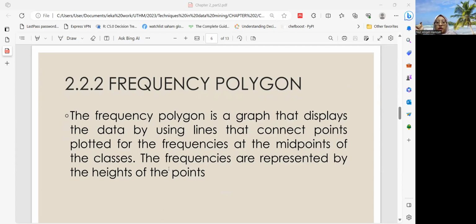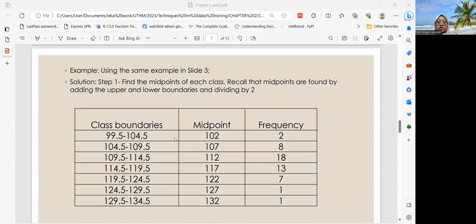midpoint for their x-axis. Okay, so we see the same example in the slide 3. So the first step that you have to do when you want to build the frequency polygon is you have to find the midpoints for each class.